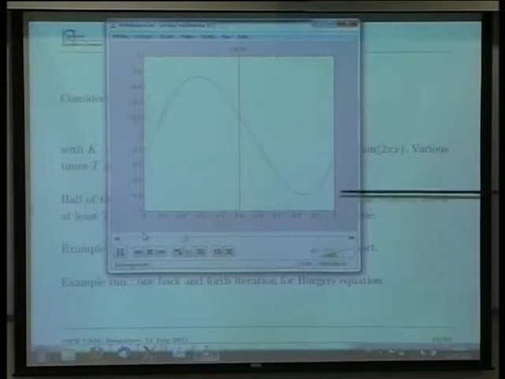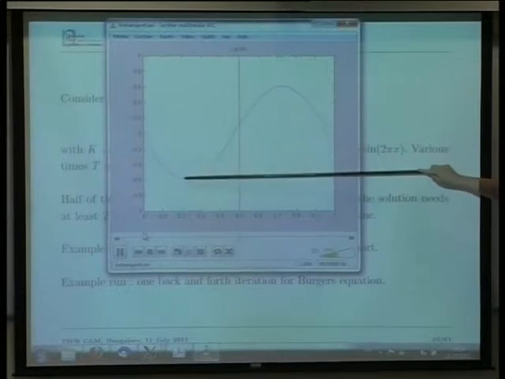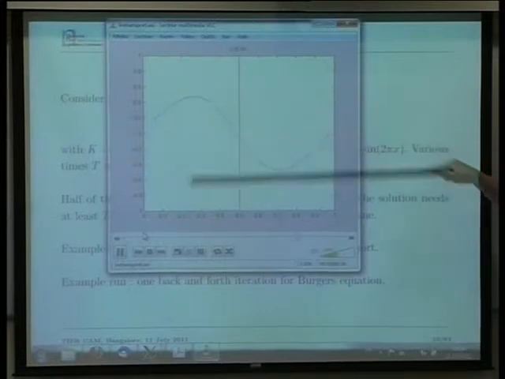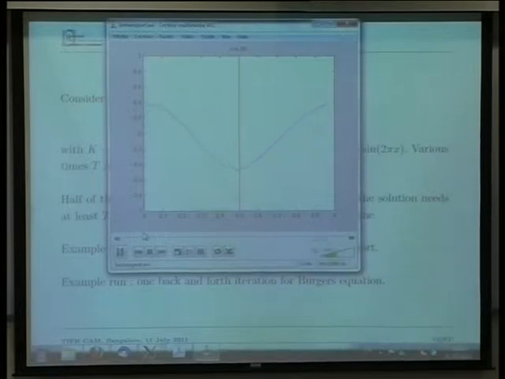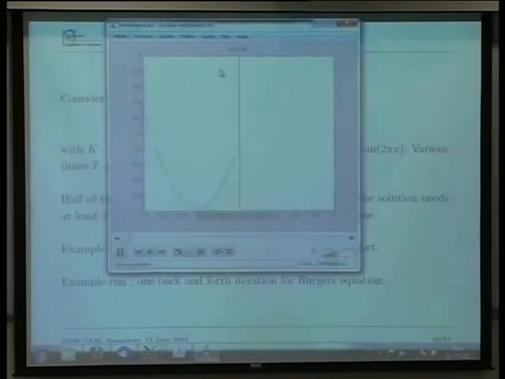You see, on the right there is nothing, the blue doesn't move, and on the left the blue is going up to 0 or down to 0. So this is one forward and one backward solution.